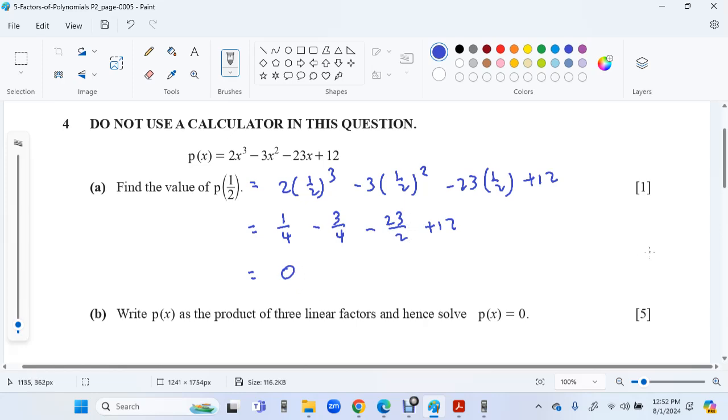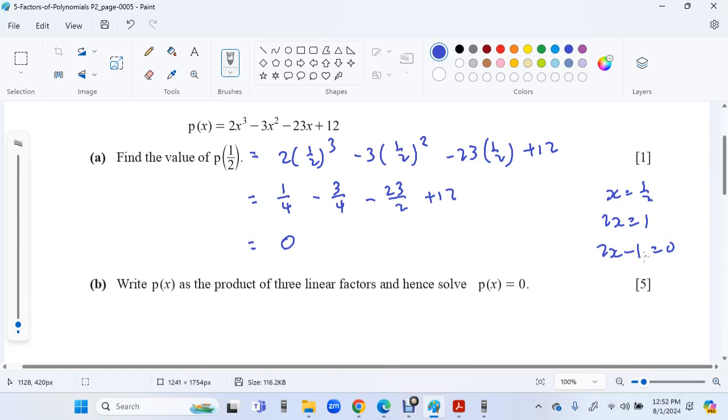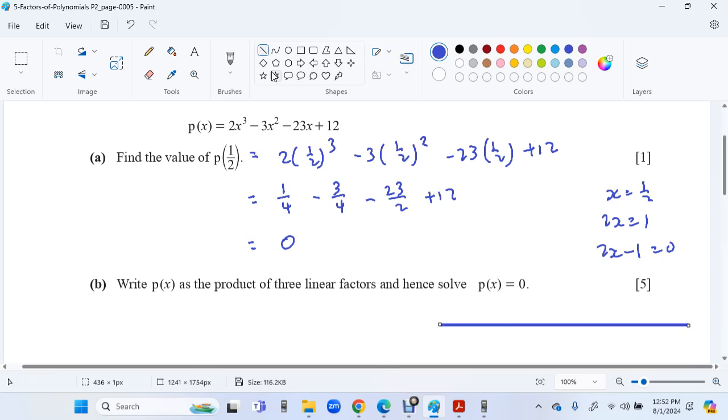So this is 0. So x equals half, then 2x equals 1, 2x minus 1 equals 0. So we know that 2x minus 1 is a factor because P of half is 0. Over here, they ask us to write P(x) as the product of three linear factors.